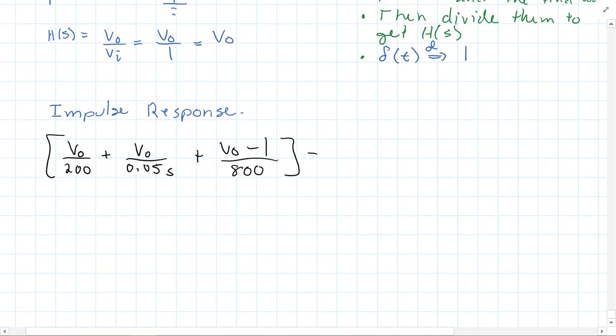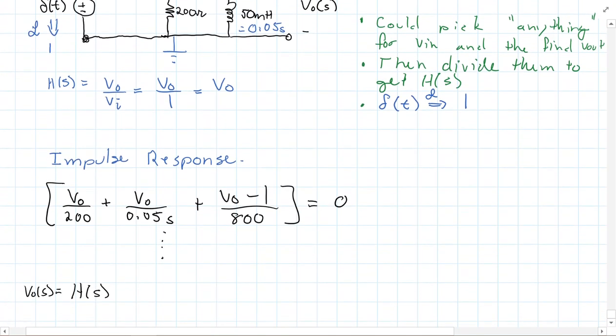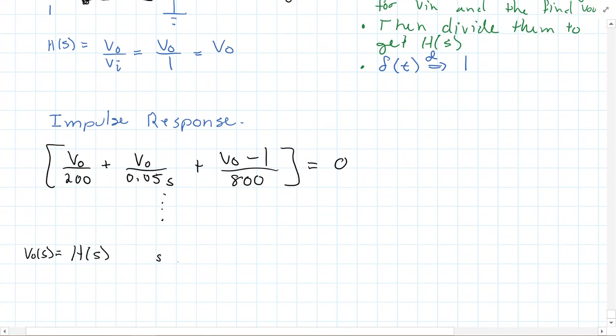I'm going to skip the rest of the work here. Dot, dot, dot, the work, we would get that V out at S, which is equal to H at S, and I already forgot what we got as our answer, S over 5 times S plus 3200.